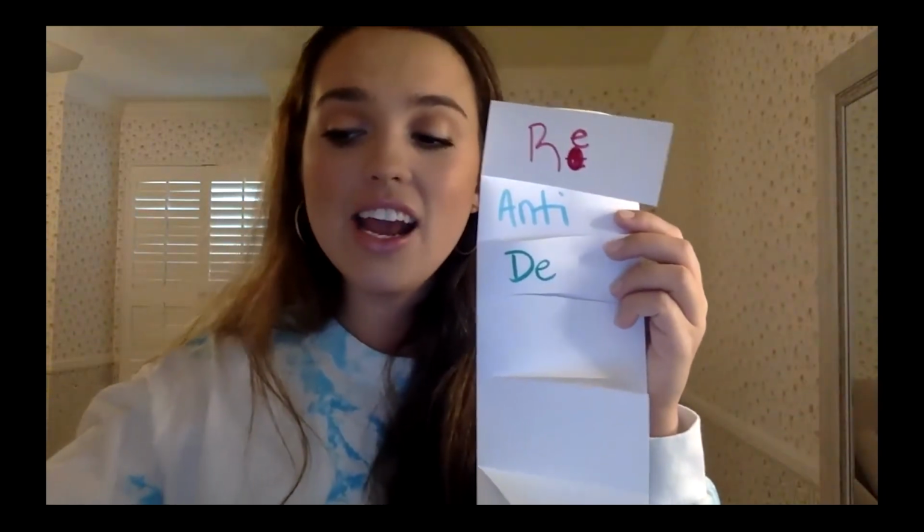So you can see, I'm sorry this one kind of got crossed out, but we have R-E for re, and then we have anti, A, N, T, I. Then we have D-E. So I'm going to pick another color. I think this time I'm going to pick green. D-E. Awesome. So I got that written right there.